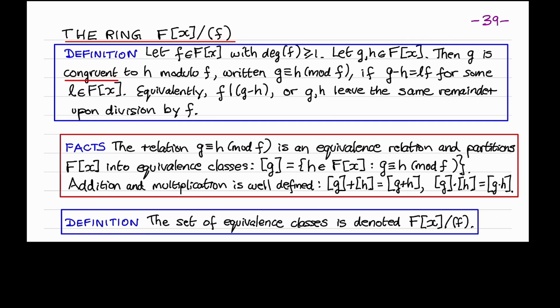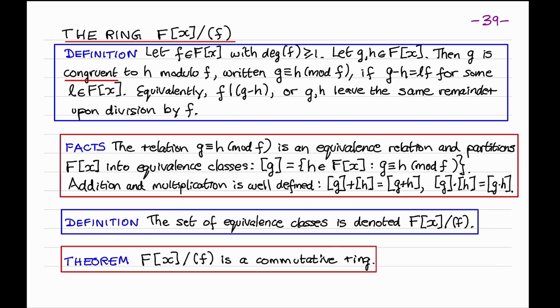Let me next define the set of all equivalence classes by F square brackets x modulo little f. This notation is meant to be analogous to the notation for the integers modulo n. We now have a theorem that the set of all equivalence classes is a commutative ring. You can verify the proof of this theorem as an exercise.